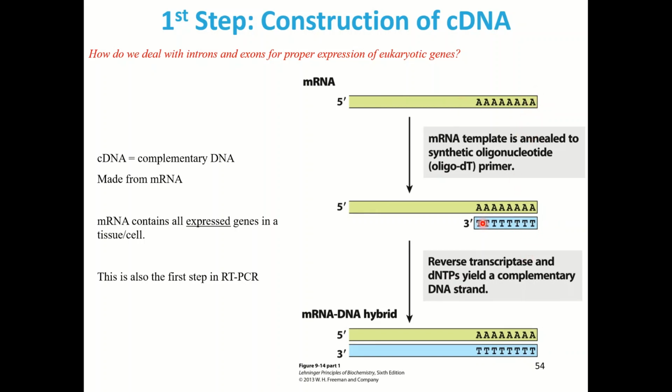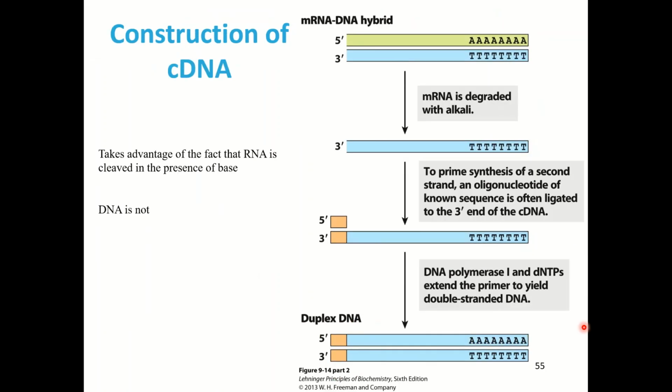So your primer can contain T's. So you have a DNA primer that matches up with your mRNA. Okay. Then you would use a reverse transcriptase enzyme to construct your DNA from your RNA sequence. Okay. And so this is also the first step in RT-PCR. You're creating a DNA sequence based off of a messenger RNA for the gene that you're interested in.